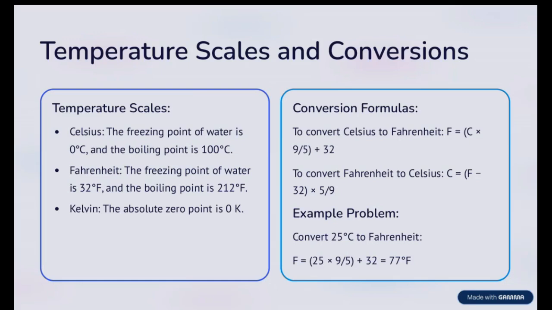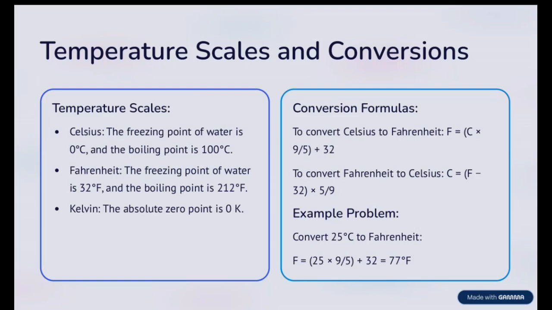We have Fahrenheit, we have Kelvin, then we have Celsius. So from Celsius to Kelvin is simple. We know that 0 degrees Celsius is 273 degrees Kelvin, and 273 degrees Kelvin is 0 degrees Celsius.